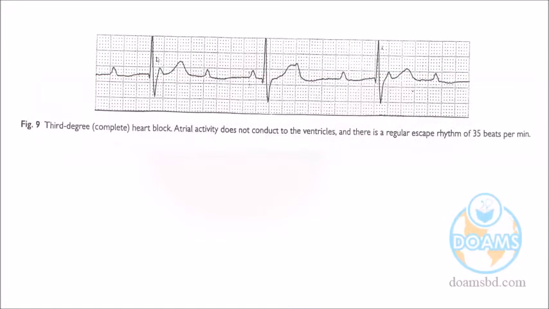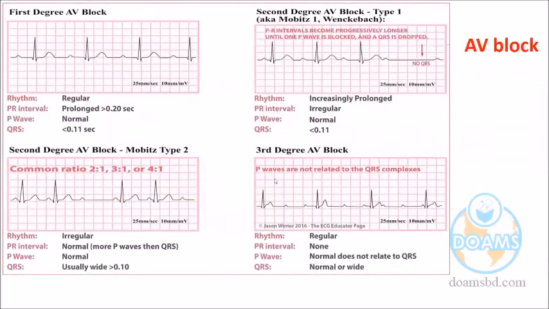So this is the answer, and the heart rate is around 35. So this is third degree or complete heart block. Thanking you, Dr. Karishma. Just to summarize, the picture is showing you first degree and second degree Mobitz type 2. It is very simple to remember, doctor, because there is a dropped beat.